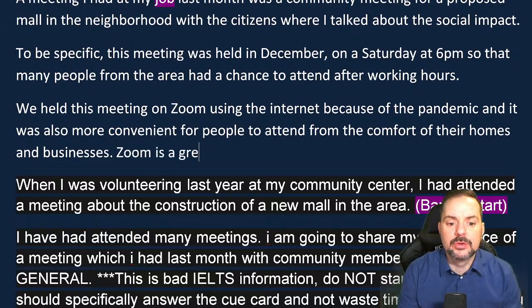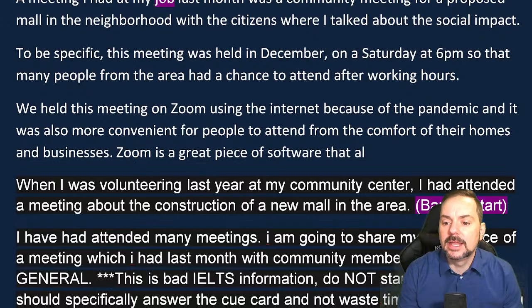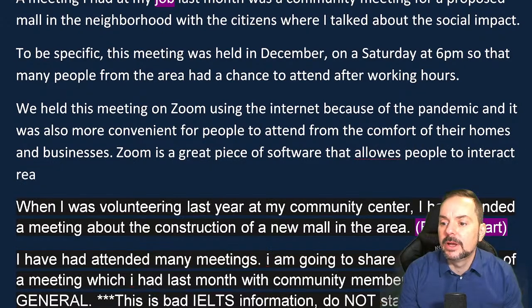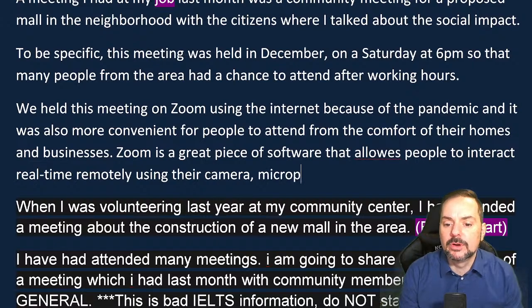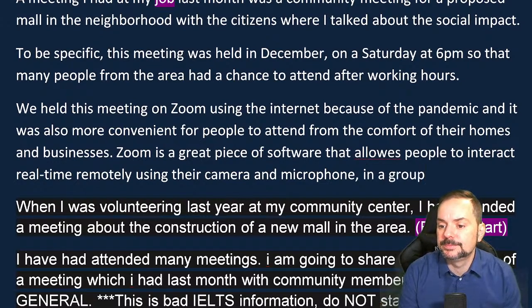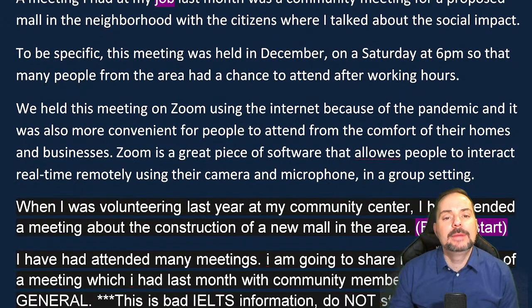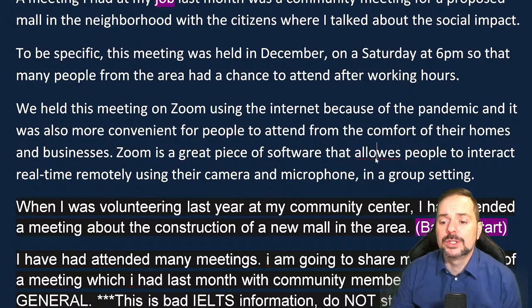Zoom is a great piece of software that allows people to interact in real time, remotely, using their camera and microphone in a group setting.